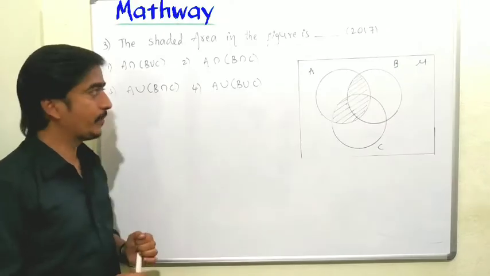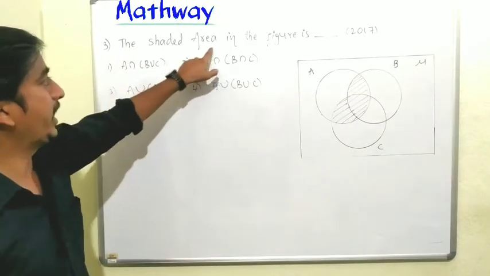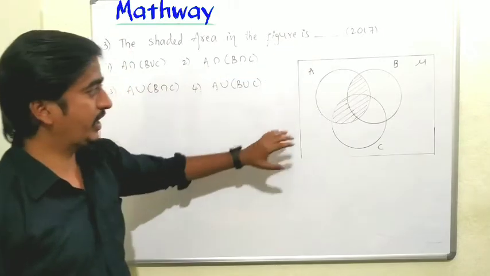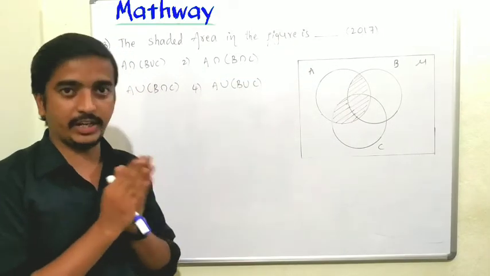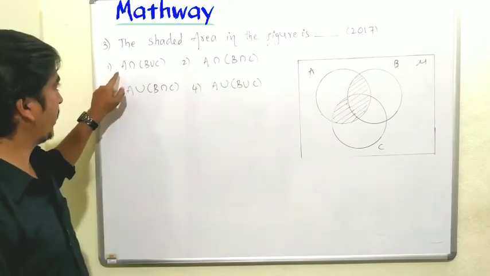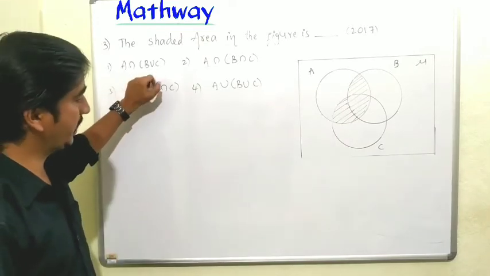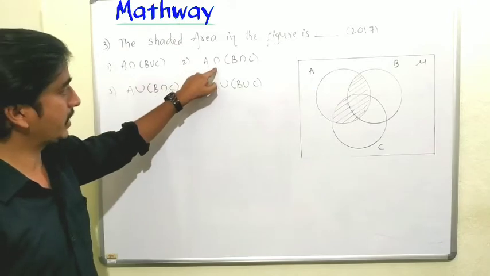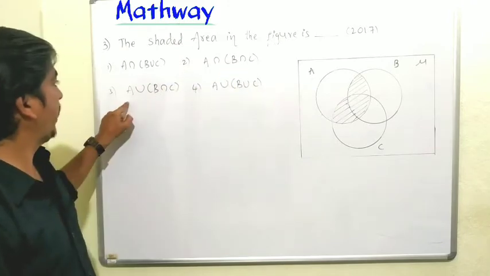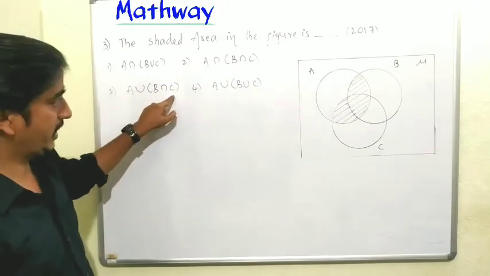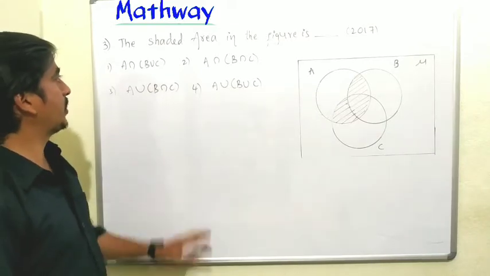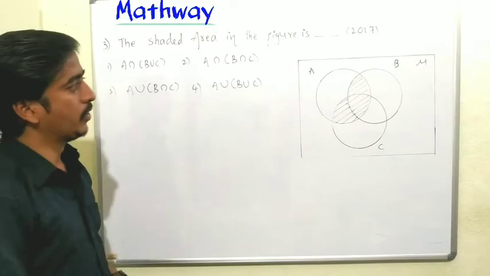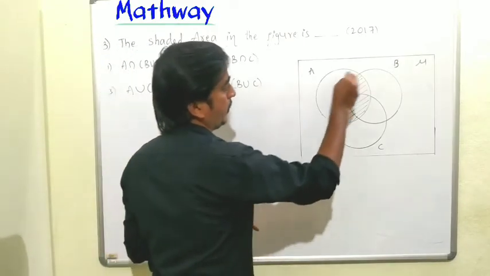Third question is, the shaded area in the figure is dash. He has given one figure, a Venn diagram, and we need to find the shaded part. Options are A intersection B union C, A intersection B intersection C, A union B intersection C, and A union B union C. First let's take A. What is the relation of set A with B and C?